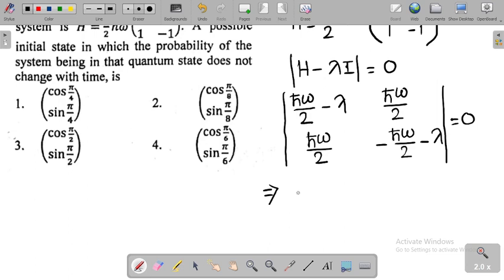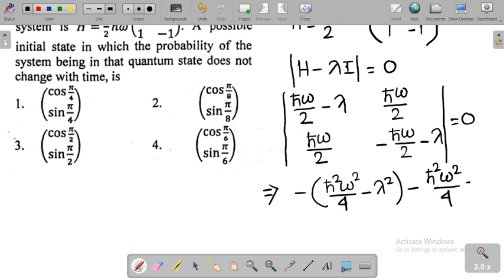It will be something like this: minus h cut square omega square by 4, just a plus b into a minus b, minus lambda square minus h cut square omega square divided by 4.